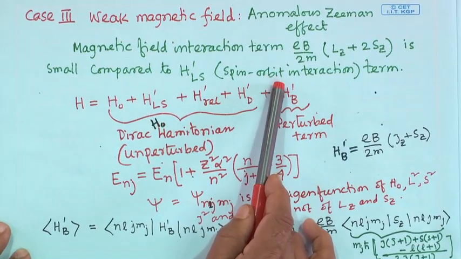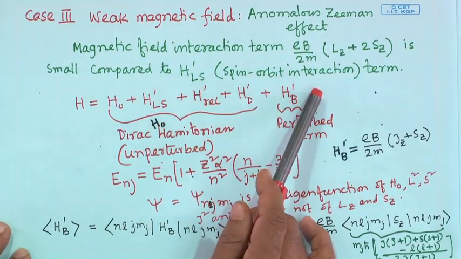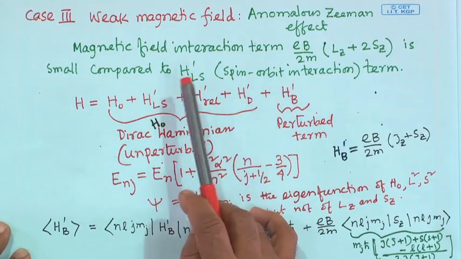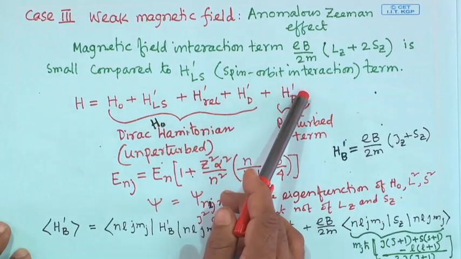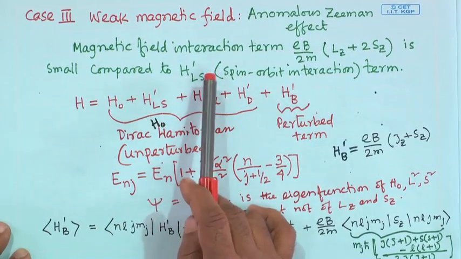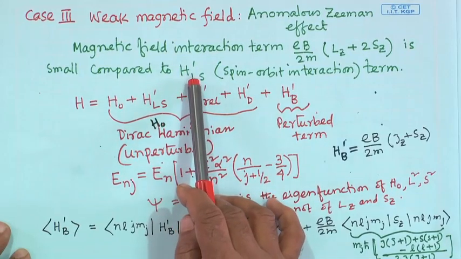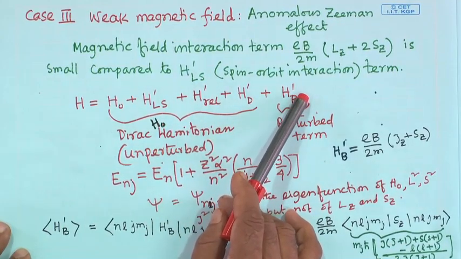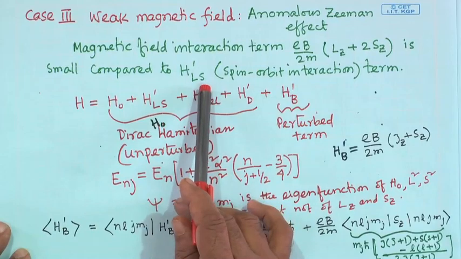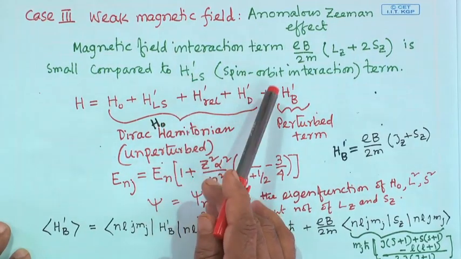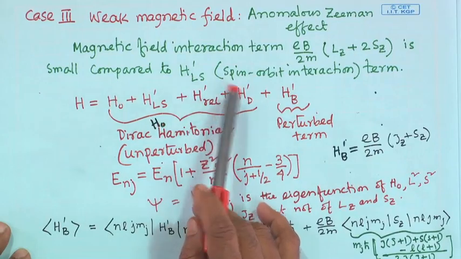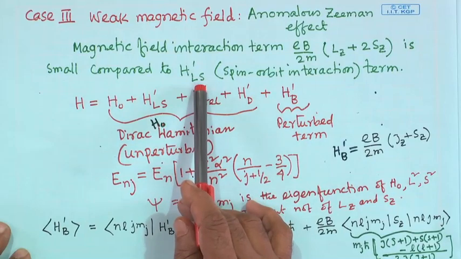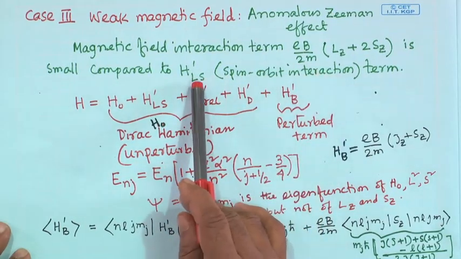For the intermediate magnetic field, we compared the magnetic interaction term with the spin orbit interaction term and considered that the magnetic interaction term is still higher, but the spin orbit term is smaller yet close to it, so we cannot neglect it. Now, in the third case, for a weak magnetic field, this term is higher than the magnetic interaction term.